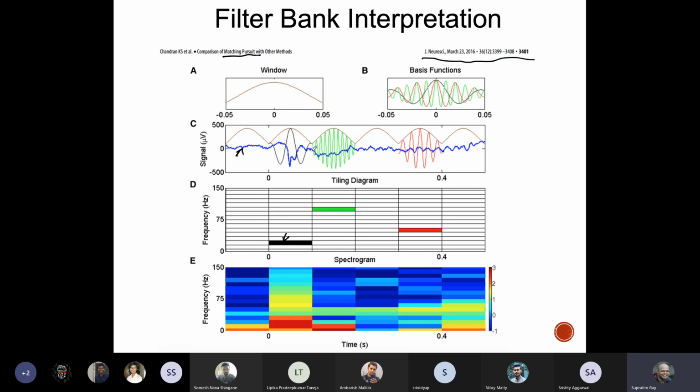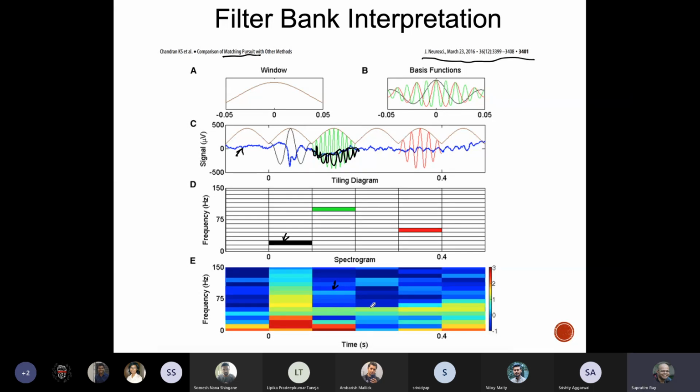And all you are doing is checking how well my signal here, this part, matches with this oscillatory part. And you can see that, hey, it's not much of a match. So the value that you are going to get here is low, bluish. If the signal did have an oscillatory component here, then you would have seen a strong value there.